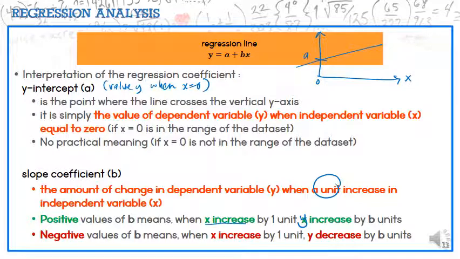A negative value of b means that when x increase by 1 unit, y will decrease by b units. Okay, so b here, its symbol positive or negative indicates the direction of the relationship. Right? And b represent the amount of changes when x increase by a unit.